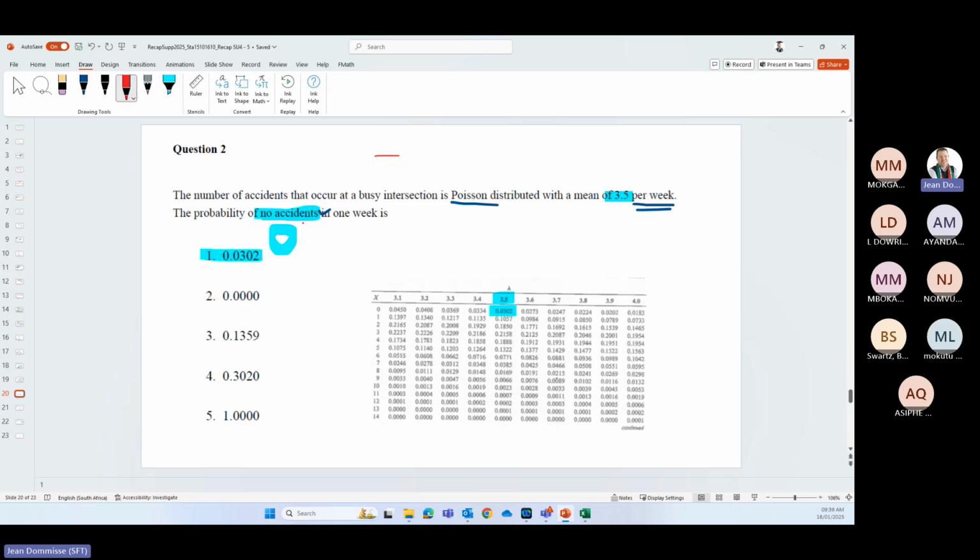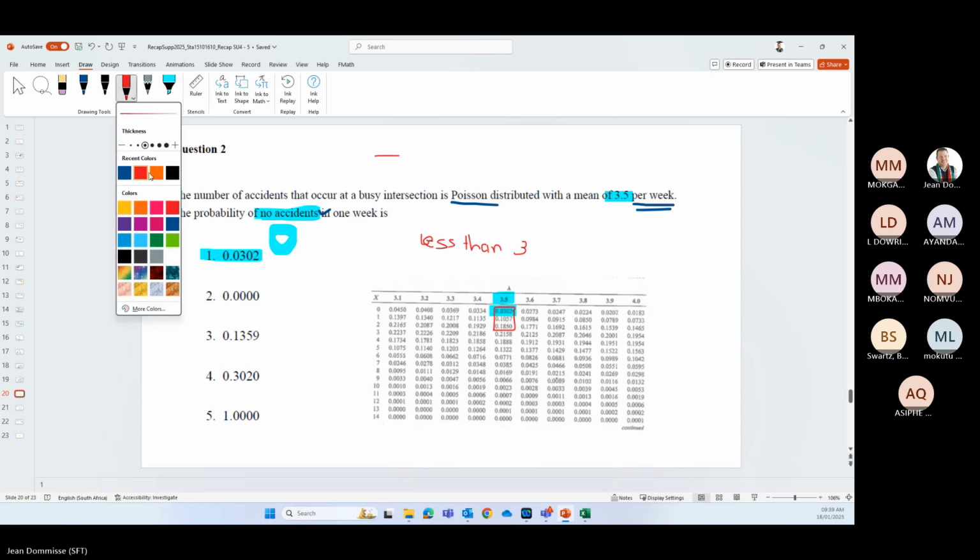Okay, so if they said what's the probability of less than 3, less than 3 would have been 2, 1, 0. It will be excluding 3.